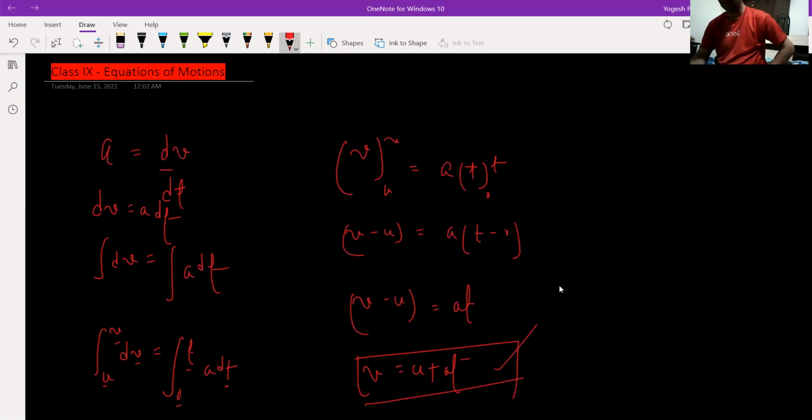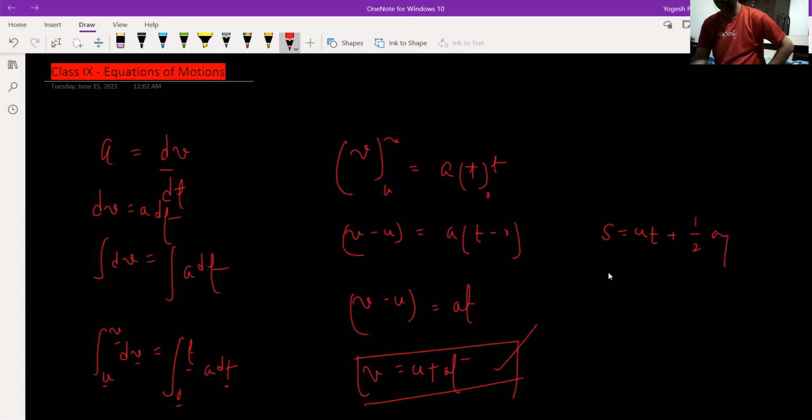So this is what the first equation of kinematics is, v is equal to u plus at. Now the second equation you can consider from here, like s is equal to ut plus half at square. Okay, so s is equal to ut plus half at square.